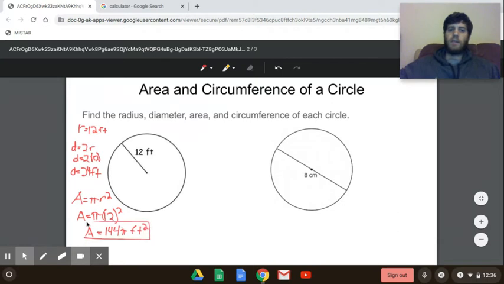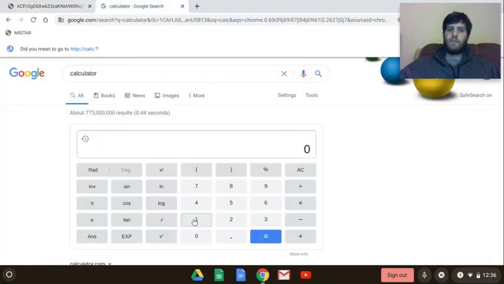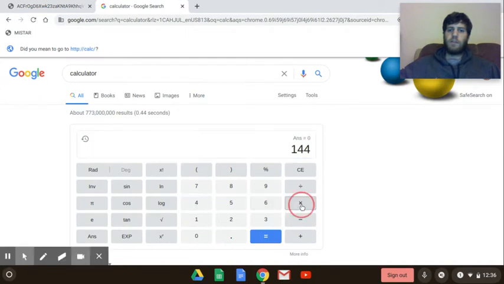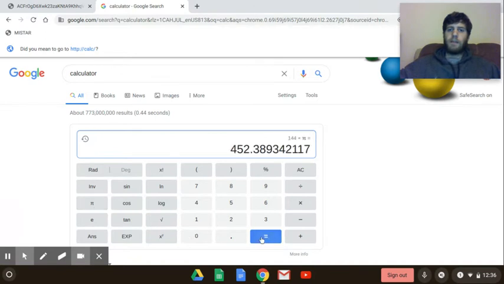If you want to make that a decimal, that's fine. This is the better answer because it's more exact. There's no rounded off decimal, but if we want to go over to the calculator and do 144 times pi, right, it's going to say 452.389342117. So if we rounded to the hundredths place, that would be 452.39.